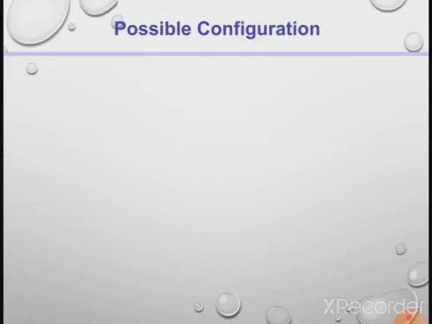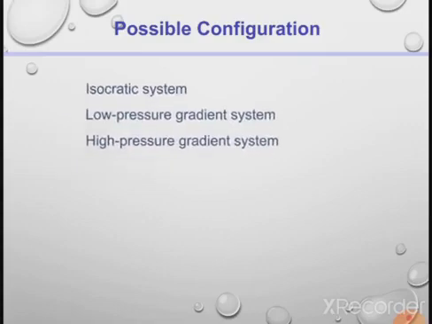Now the next possible system is the low pressure gradient system. Low pressure gradient system means we are mixing the mobile phase according to our need prior to the pump. That means if I require a combination of 1:1:1, that is one proportion of methanol, one proportion of acetonitrile, and one proportion of water, and we mix these proportions prior to the pump, this type of multi mobile phase system is called the gradient system.